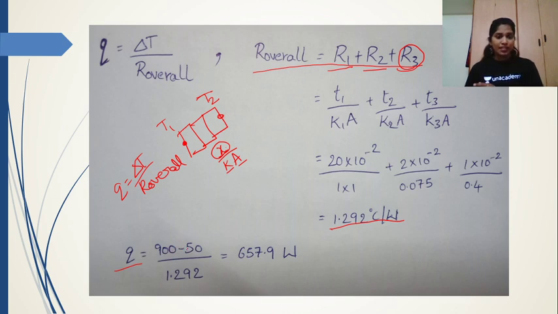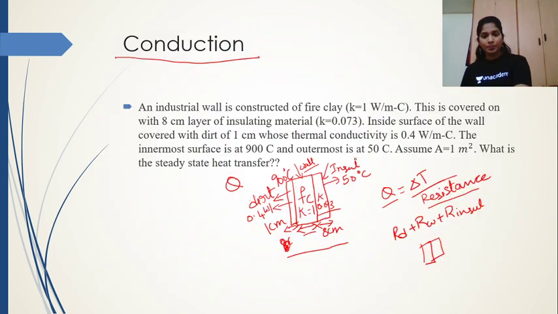So it is 900 minus 50 by 1.292, and after calculation you will get 657.9 watts. This is the rate of heat transfer, which is what he has asked.